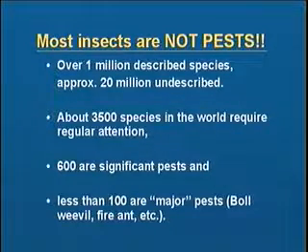There's about 3,500 species in the world that require regular attention. Maybe 600 in the world are considered significant pests, and less than 100 are considered major pests. That would be something like the boll weevil or fire ant as examples. So of the over 1 million described species, less than 1% are pests.